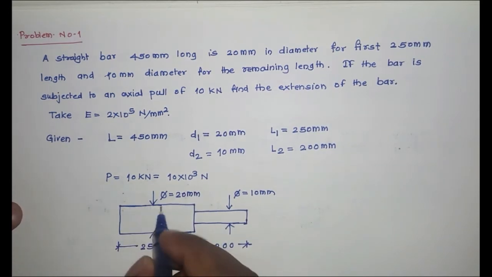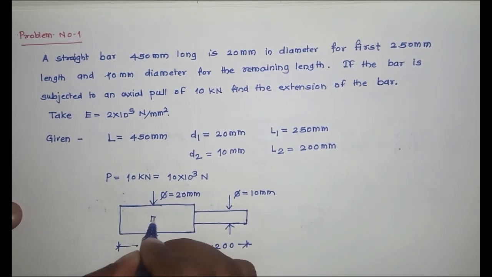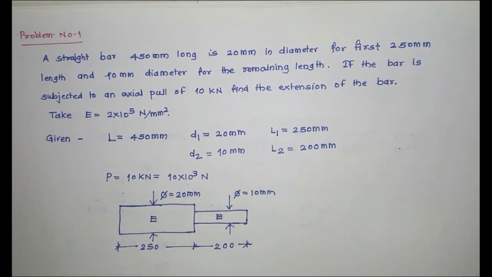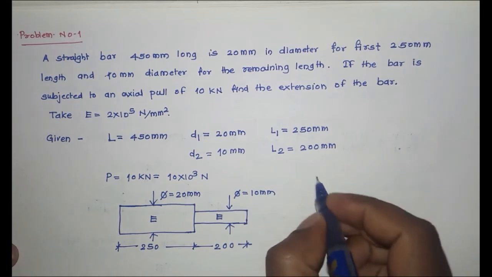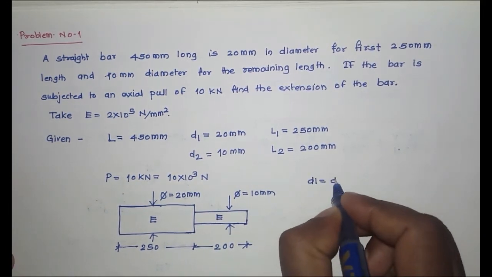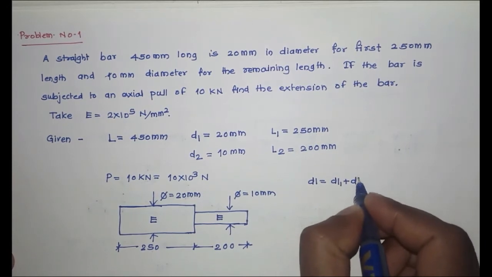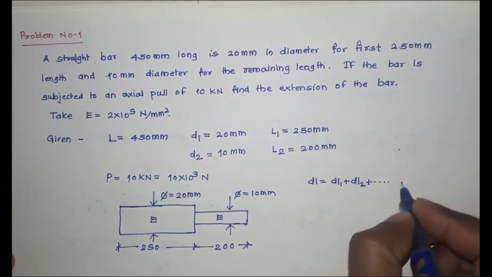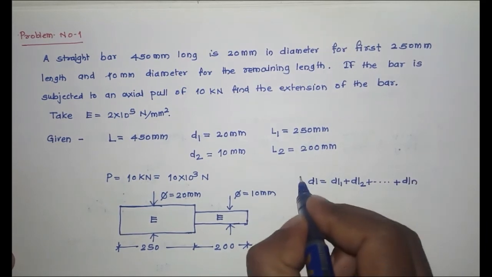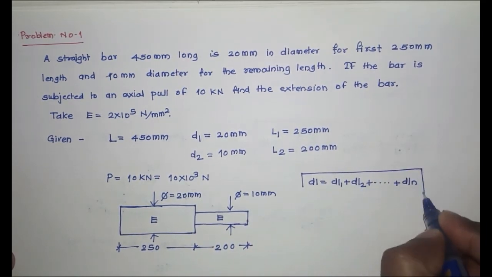For both parts the value of E is constant, so E is a common parameter. Now we have the generalized equation dl equals dl1 plus dl2 likewise up to dln. This is the basic equation that we have.